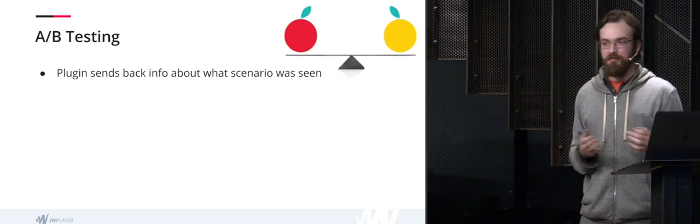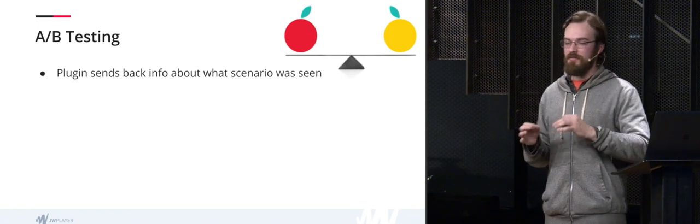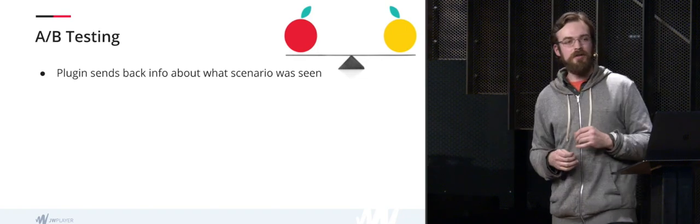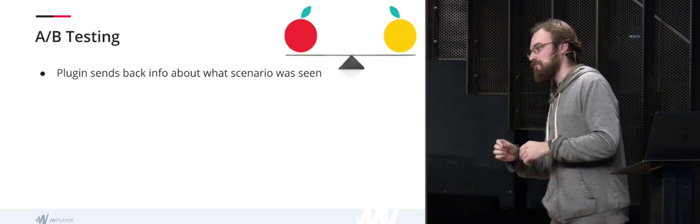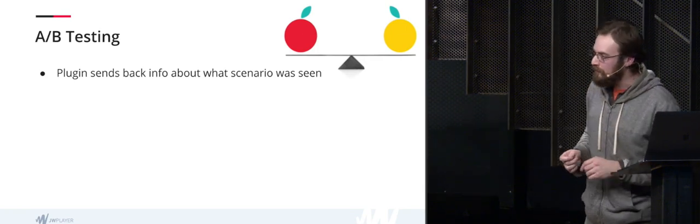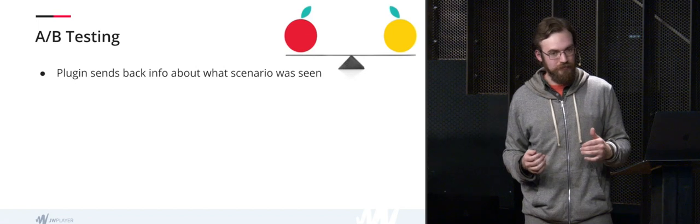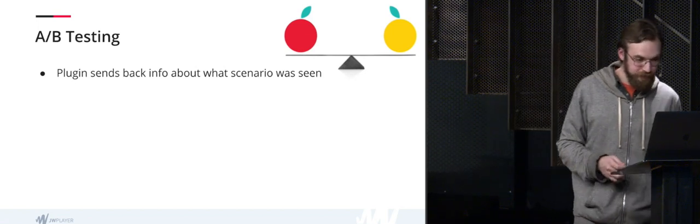So two people might be seeing some different UI element, for example, where we say, this UI element should appear in the top left corner, and some other people will see the UI element in the top right corner. And then we can measure which one of those performs better.